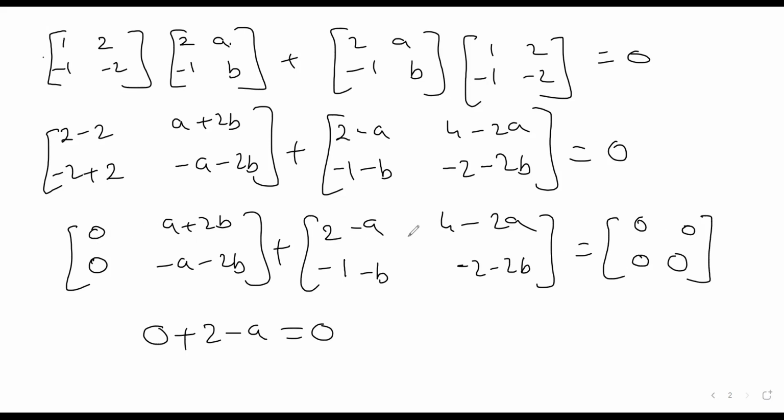So 0 plus 2 minus a is equal to 0. So a is 2. If a is 2, we can put its value here or here. It is not necessary, the value will come here itself. It is 0 plus 0 minus 0, minus 1 minus b is equal to 0. b is equal to minus 1. These are the values of a and b.